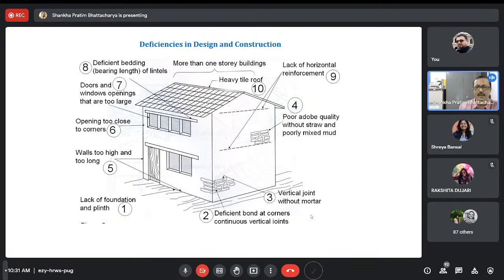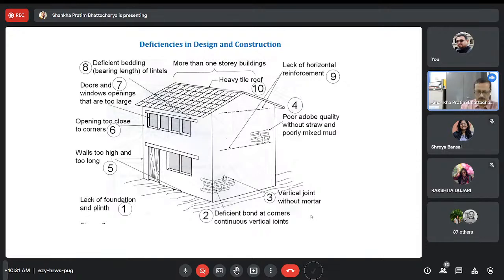There may be some long walls with a lack of horizontal reinforcement also. There are large openings, that may be a design issue. There are many openings, many high walls and high openings like a door, and next to the door there is a window. There is not so much bonding between the roof and the wall. There may be a very heavy tile or some such roof.